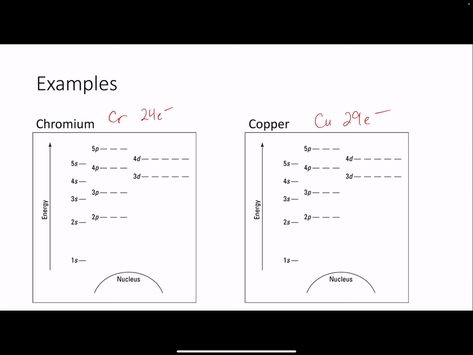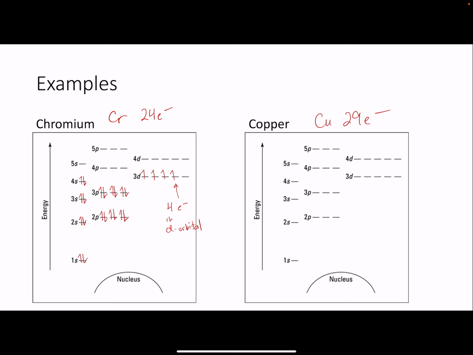So if we draw these normally, and you're welcome to pause and try this yourself. 1, 2, 3, 4, 5, 6, 7, 8, 9, 10, 11, 12, 13, 14, 15, 16, 17, 18, 19, 20, 1, 2, 3, 4. Okay, so look, there are 4 electrons in the d orbital. This is unstable at this point. It really wants to be half full.